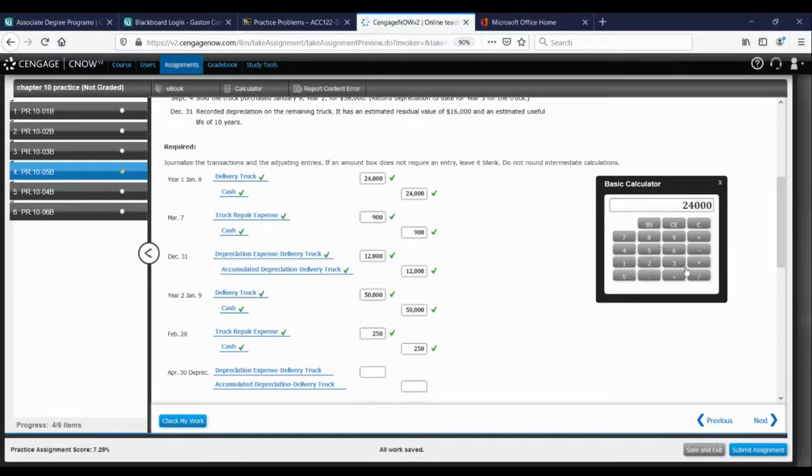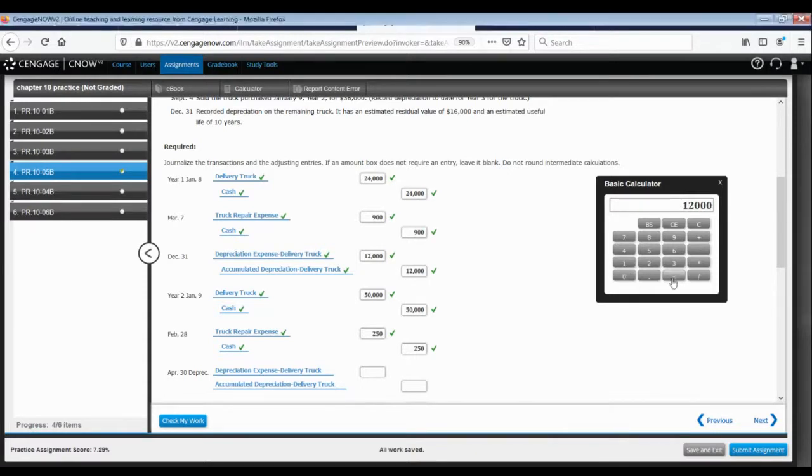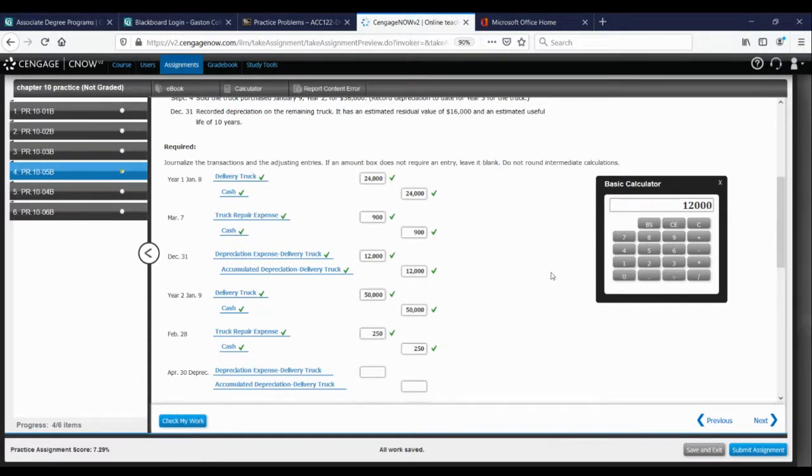So I'm going to record in my calculator the cost of $24,000. I'm going to subtract out my accumulated depreciation at December 31st, which was $12,000. That will give me my book value of $12,000 at the end of year 1. That book value will need to be multiplied by twice the straight line rate.